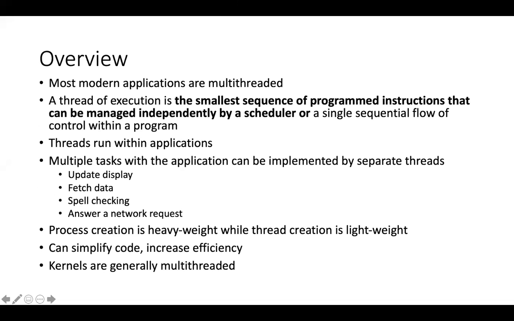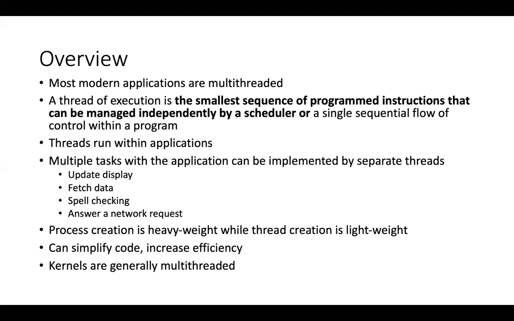So for an overview, one thing that is happening currently is that modern systems are multi-threaded, and when we talk about a thread, we are generally talking about the smallest sequence of programmed instructions that can be managed independently by a scheduler.